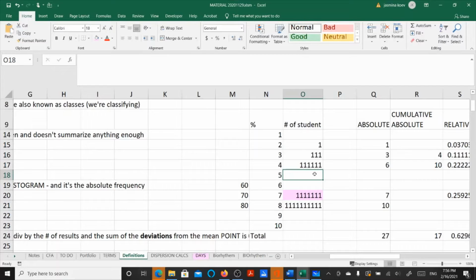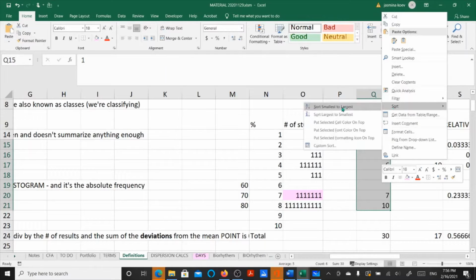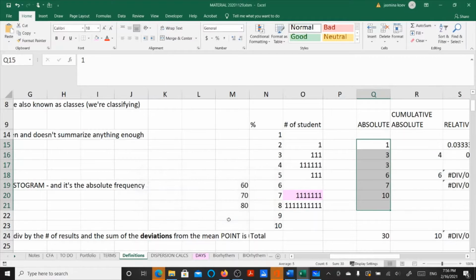So for instance, let's say I did 1, 2, 3 here as well. I need to place these values in ascending order, and what I mean by that is right click, sort, smallest to largest, which obviously messes up the rest of the values, but just to give you an idea of what we're doing, we have 1, 2, 3, 4, 5, 6.